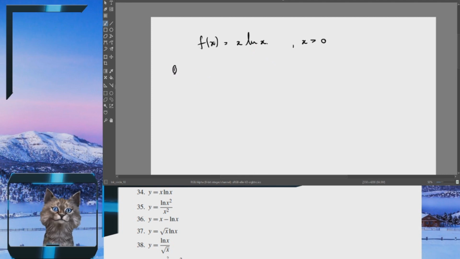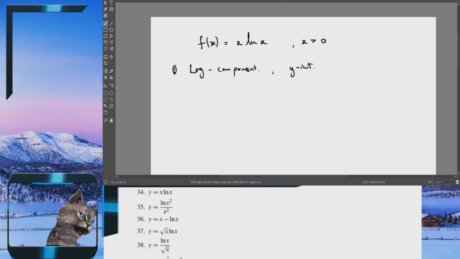So I see that there is a logarithmic function, which means the function's not going to be defined everywhere. I could have vertical asymptotes. We will have to see.